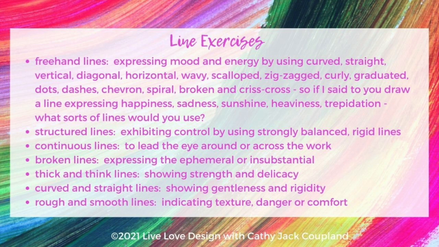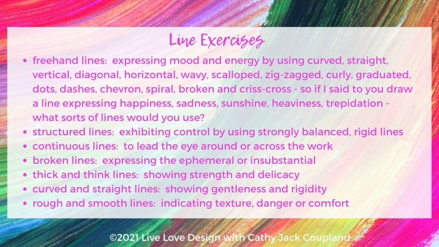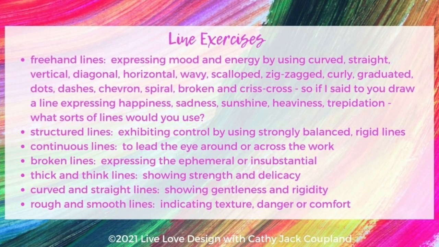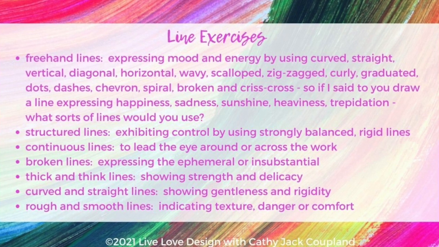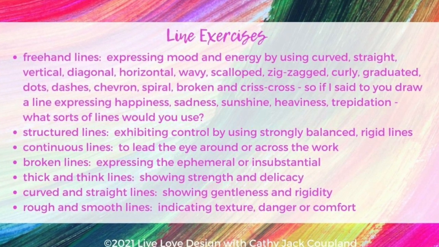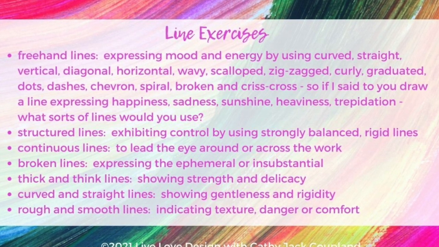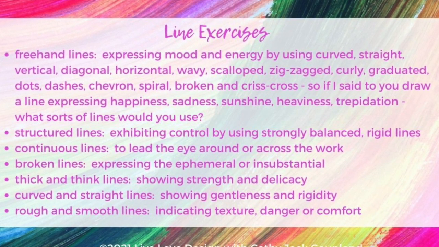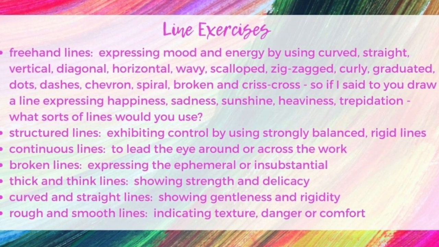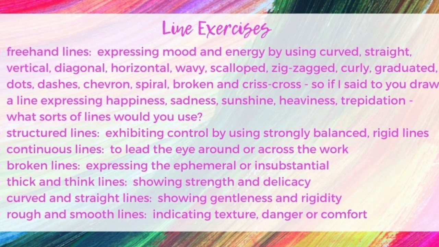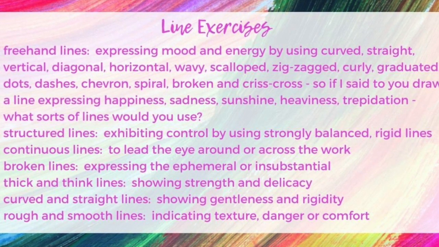Start with freehand lines, expressing mood and energy by using gently curved lines, suggesting comfort and ease, straight, vertical, diagonal, horizontal, wavy, scalloped, zigzag, curly, graduated, curved, dots, dashes, chevron, spiral, broken, crisscross. And if I said to you to draw lines expressing happiness, sadness, sunshine, heaviness, trepidation, I wonder what sort of lines you'd use.